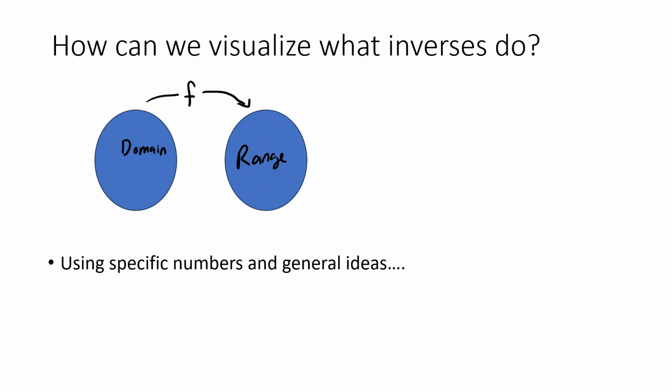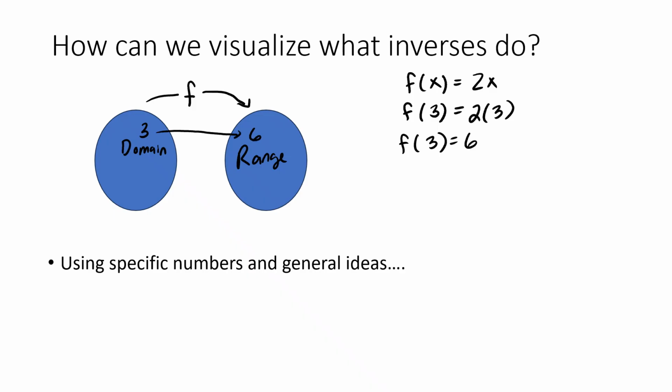So for instance, we'll pick a simple function, f of x equals 2x. We might pull a 3 from the domain, and that maps that 3 to a 6. It would look something like this: you take a 3 and you map it over to a 6. So the function literally is mapping a group of numbers from one set to the other.